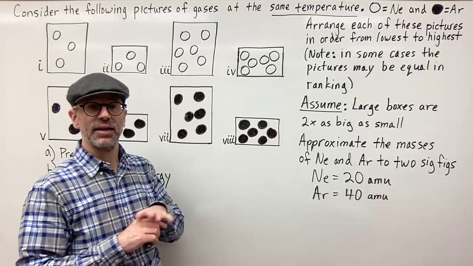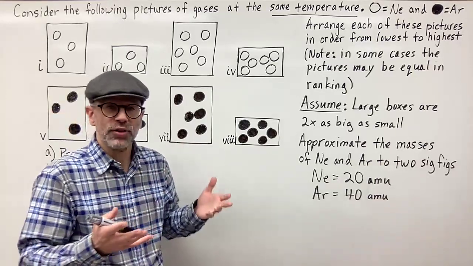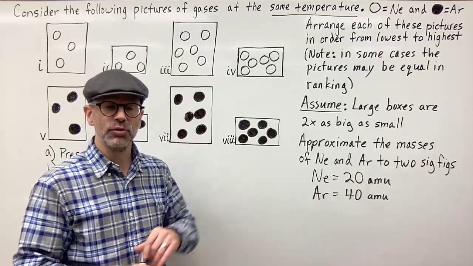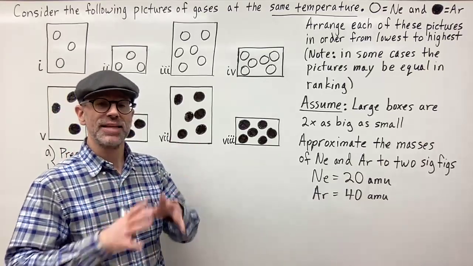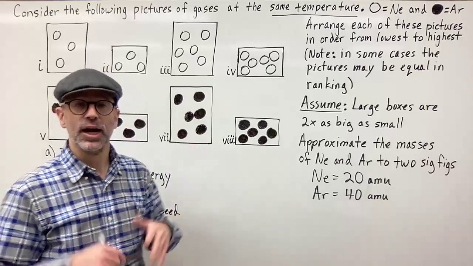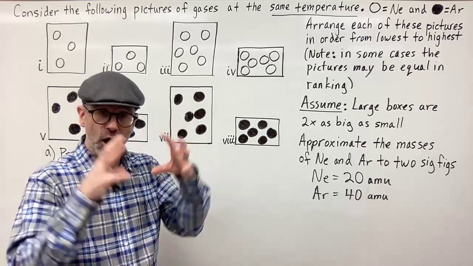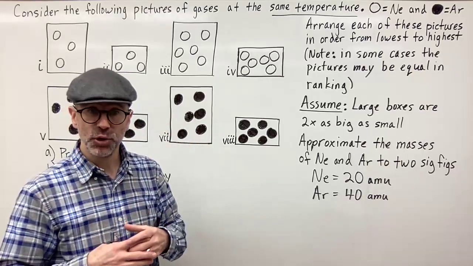It doesn't depend on the mass of the particle. It doesn't depend on what particles they are. It doesn't depend on the identity of the particles. It just depends on the size of the box it's in and how many particles you have, right? The more particles you have, pressure goes up. The smaller the box, pressure goes up, right?